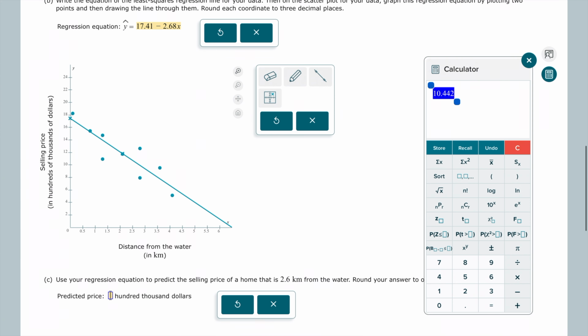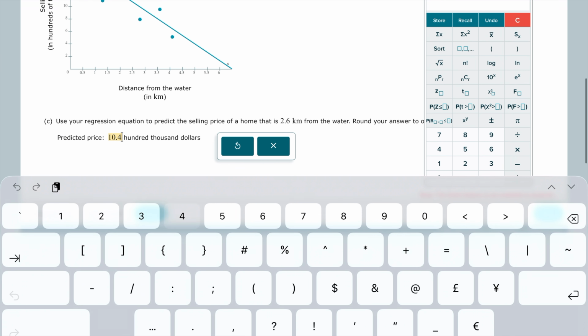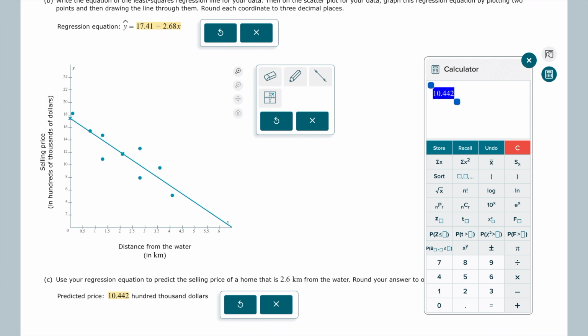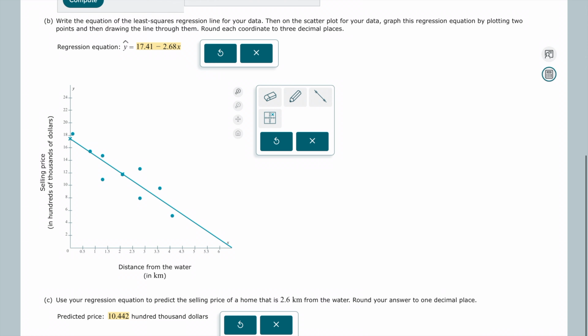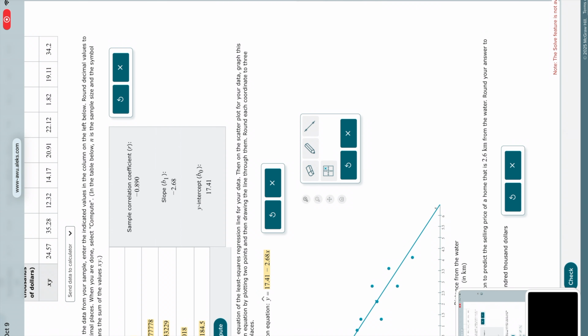We'd expect it to be 10.442. All right, so if you're 2.6 kilometers from the water, you'd expect the price to be 10.442 hundred thousands of dollars. By the way, that is also an x and a y that you can use. Every once in a great while, your y-intercept will be off of the graph, and you can use that x bar and y bar.